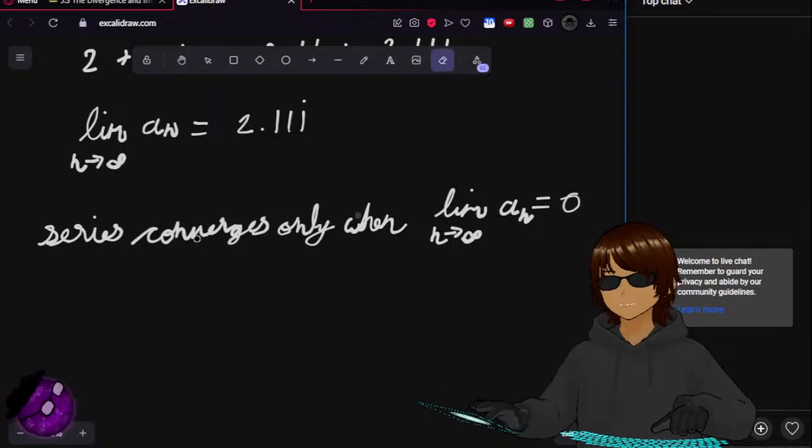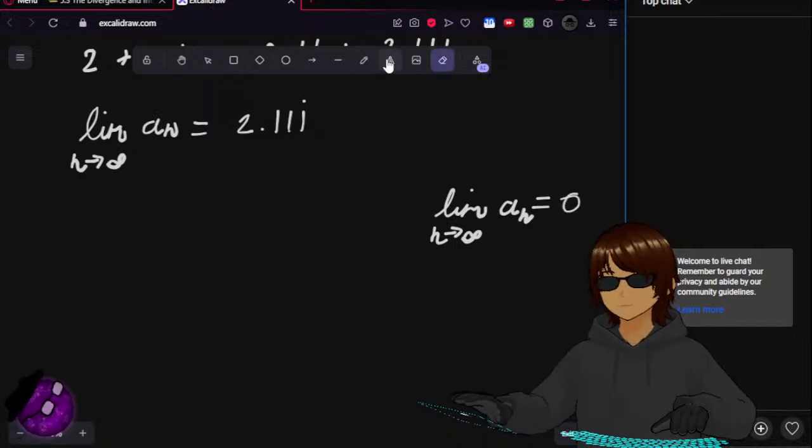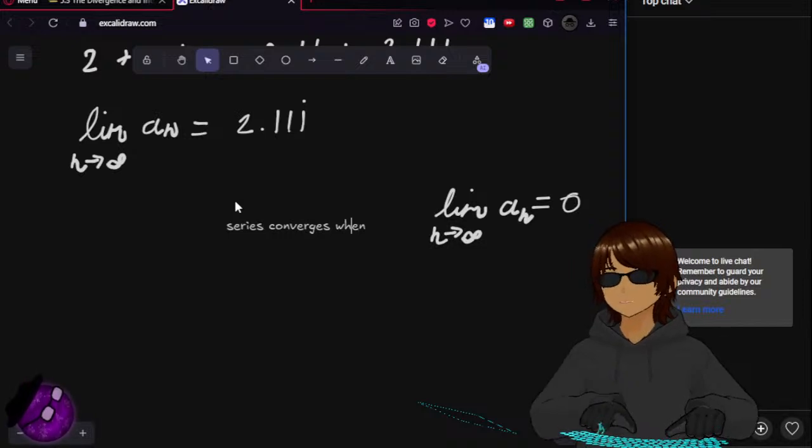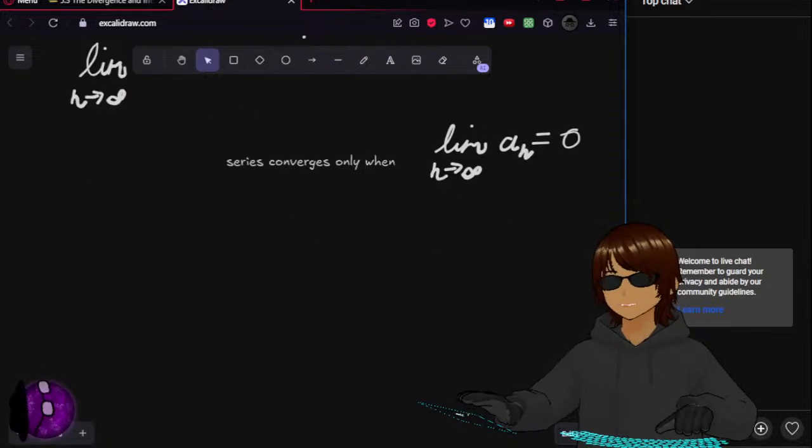I'll write this in text. Series converges only when this condition is true.